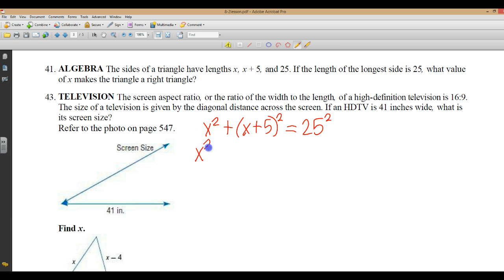So I have x squared plus, so I'm taking x plus 5 times x plus 5, so this is a perfect square trinomial. So square the first term, multiply the two terms together and double it, so we get 5x times 2 is 10x, and square the second term.